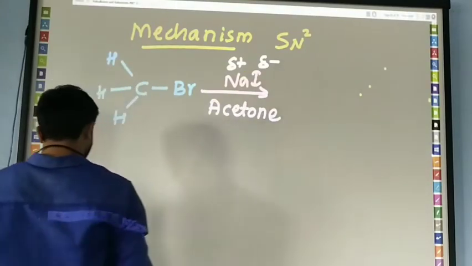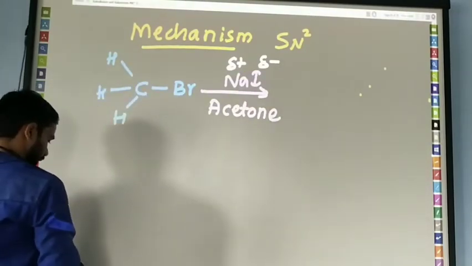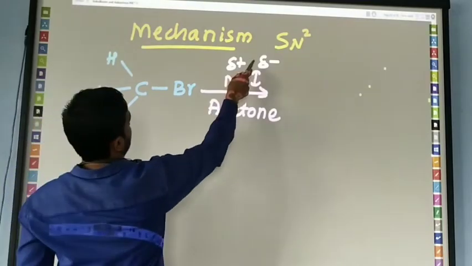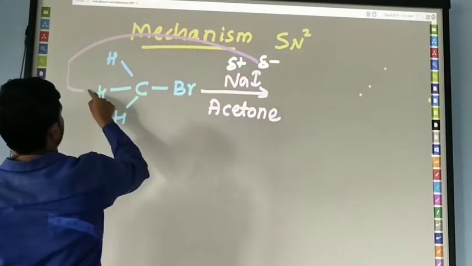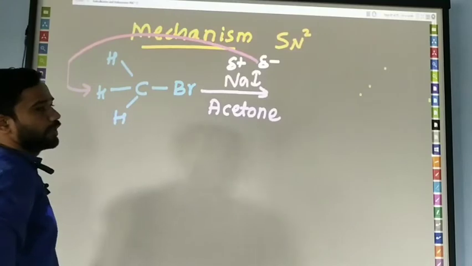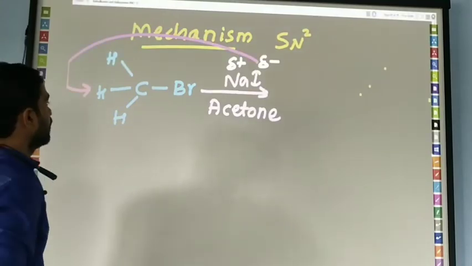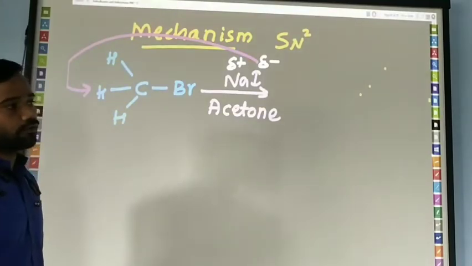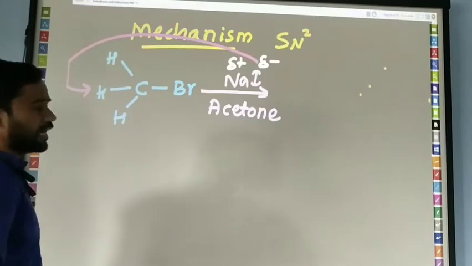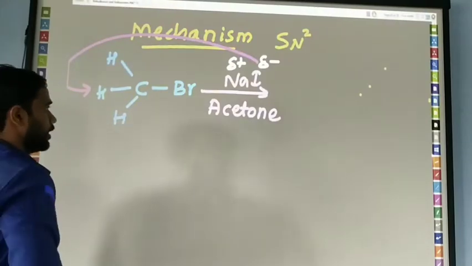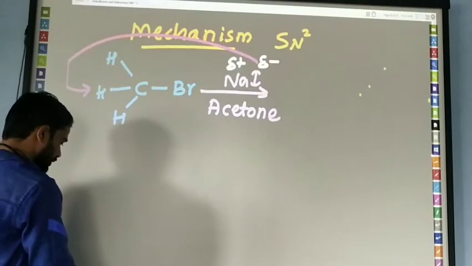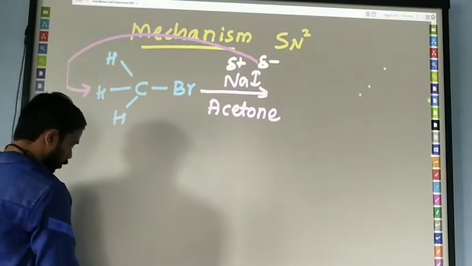Let's see from where it is going to attack. Definitely we know that iodide is going to attack from the back side, the least hindered site opposite the bromine in the methyl bromide case. Let's see the transition state, how it is going to be formed.